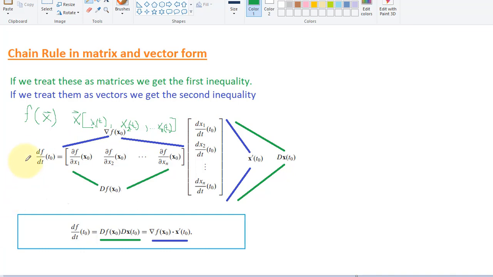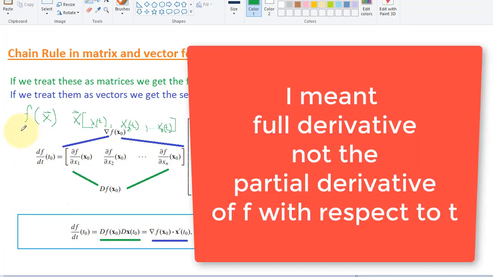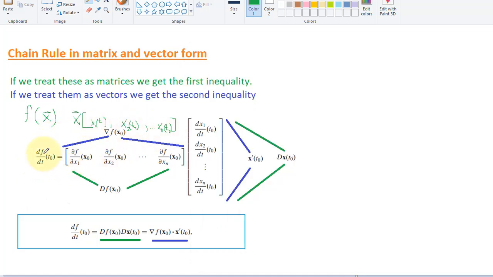And we wanted to know the partial derivative of f, not with respect to these intermediate variables like x1, x2, xn, but with respect to the t inside each of them. So we wanted to know the derivative of f with respect to t. Now in this formulation here, we're doing it at a particular point t, but let's just ignore that for now.